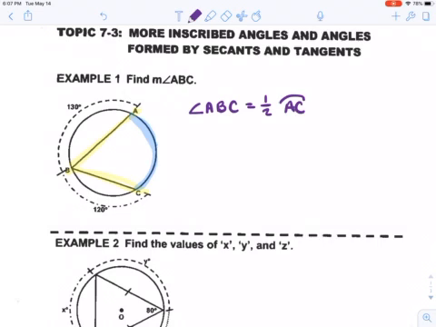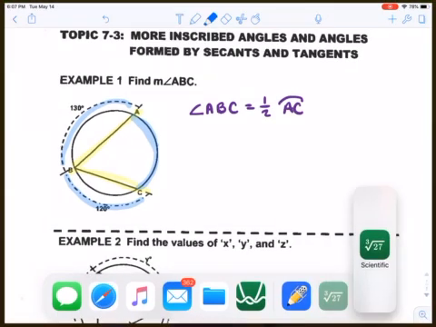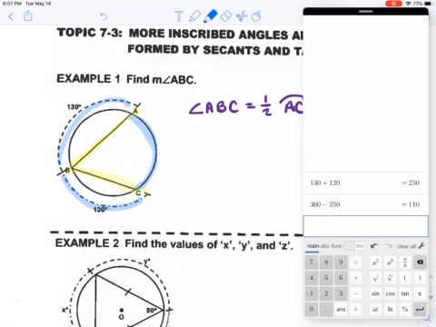What we do know is that arc AB is 130 degrees, arc BC is 120, and all the way around should be 360 degrees. So we're going to add 130 plus 120, and we'll get 250.